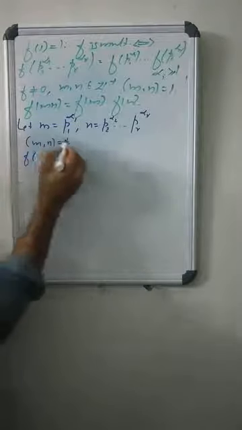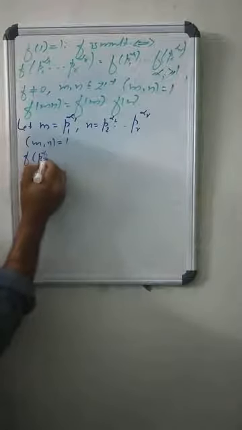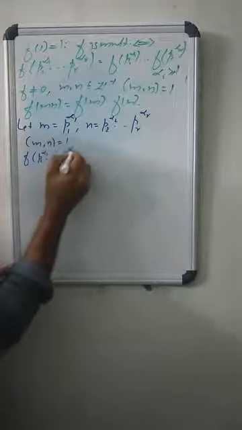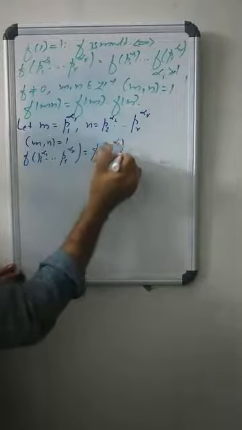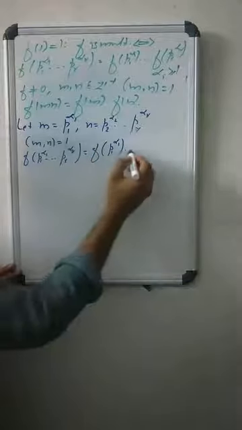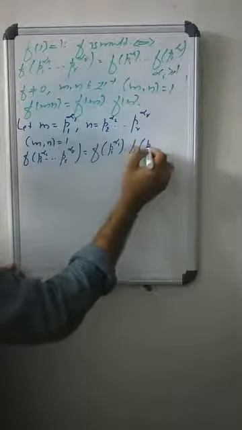Therefore, f of p1 power alpha 1, etc., pr power alpha r equals f of m, that is f of p1 power alpha 1, into f of n. What is n?